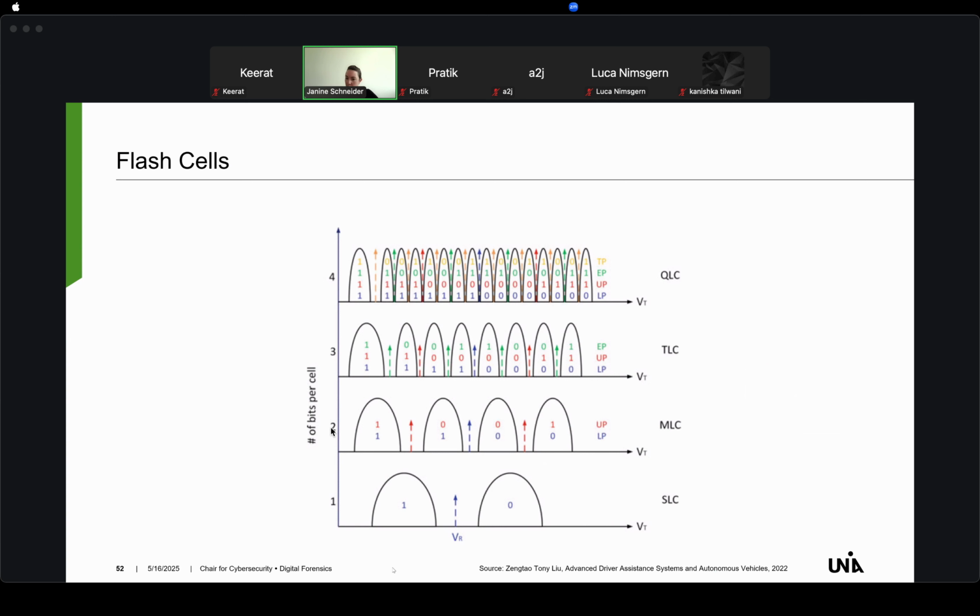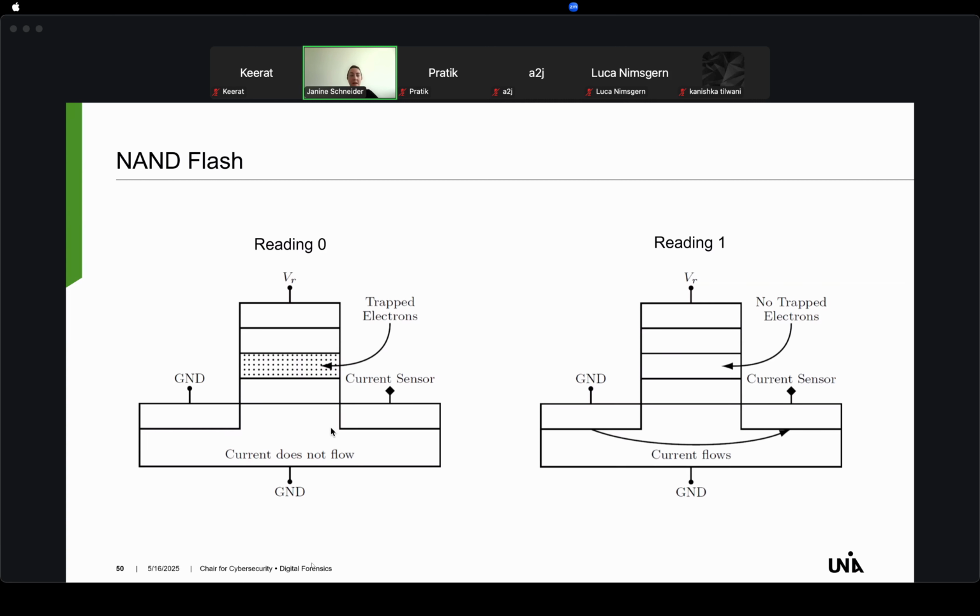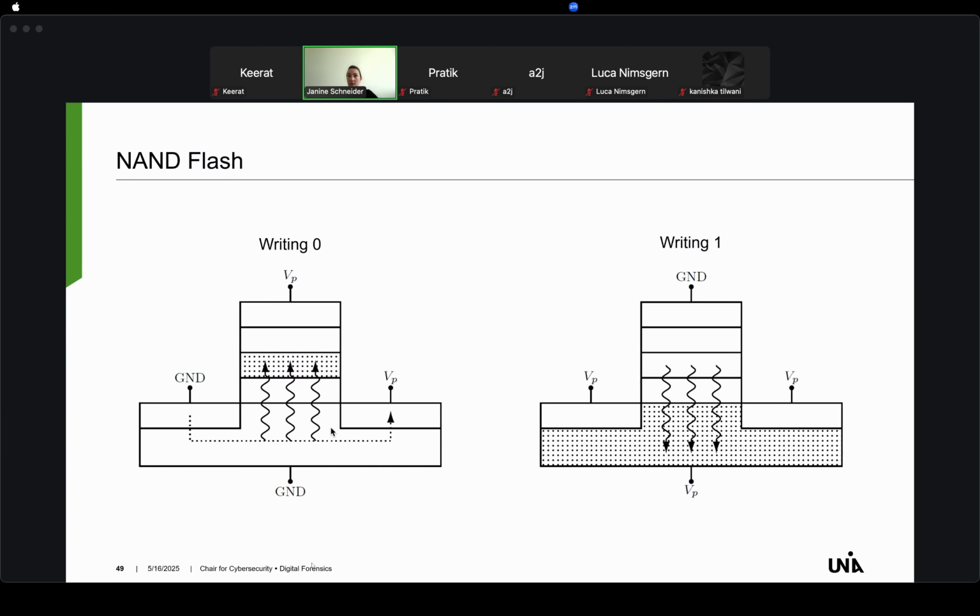Does only writing 0 wear off the NAND? I think so. Since the wear out originates from the floating gate not being able to hold electrons anymore, I guess this hot electron injection causes the wear out. So usually, the natural state of a NAND flash cell is to have the electrons in the substrate.